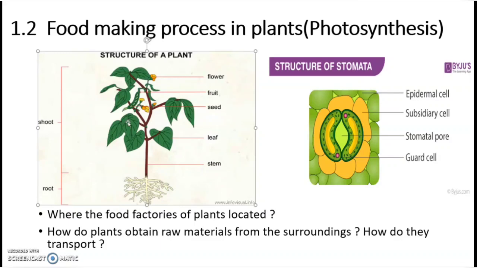With the help of that sunlight, they combine the raw materials like carbon dioxide and water, preparing the food in the form of carbohydrate. This is the food making process in plants. Because of the production of food, leaves are known as the kitchen of the plant or food factories of plants.